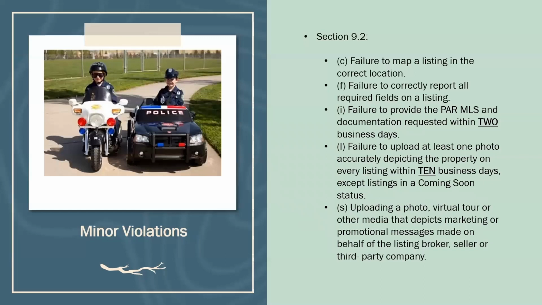Okay, uploading a photo, a virtual tour, or other media that depicts marketing or promotional messages made on behalf of the listing broker, the seller, or a third-party company. So when you upload a photo or a virtual tour, make sure there is no branding on any of it, no brokerage's information.